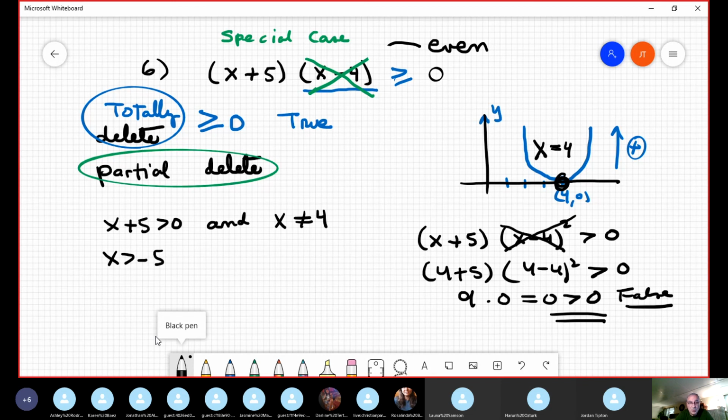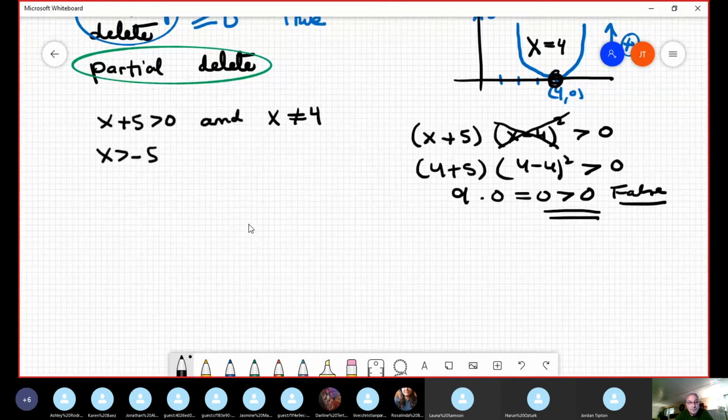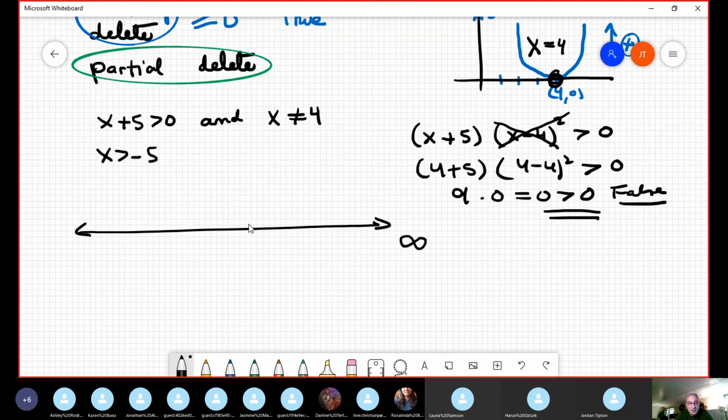As always happens with a compound inequality, the last step is graphing. This is my famous real number line: negative infinity, positive infinity, 0 in the middle. Then -5 here, 1, 2, 3, 4, 5, -5, and greater than, sorry, -5 is to the right, not to the left.